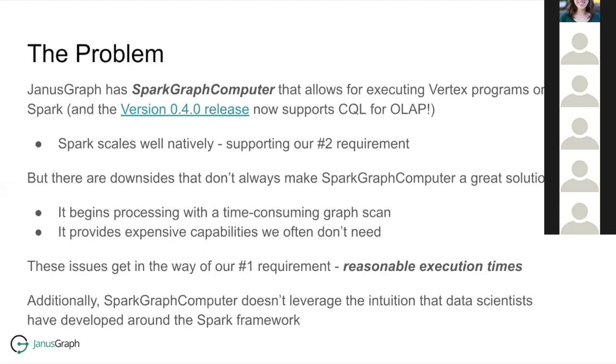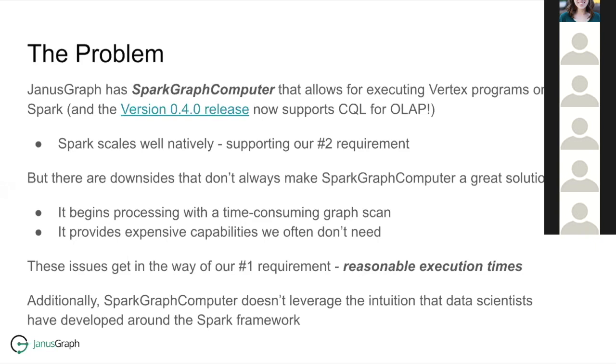One other interesting thing is the way Spark Graph Computer works. The way you'll submit this traversal to be executed on Spark really doesn't leverage any of the intuition that a data science team in your organization may have built up. So for instance, they're used to using Spark SQL, maybe some of these other features, maybe they work with raw RDDs, but generally the way they're going to interact with these things as part of the Spark Graph Computer doesn't utilize any of that knowledge.